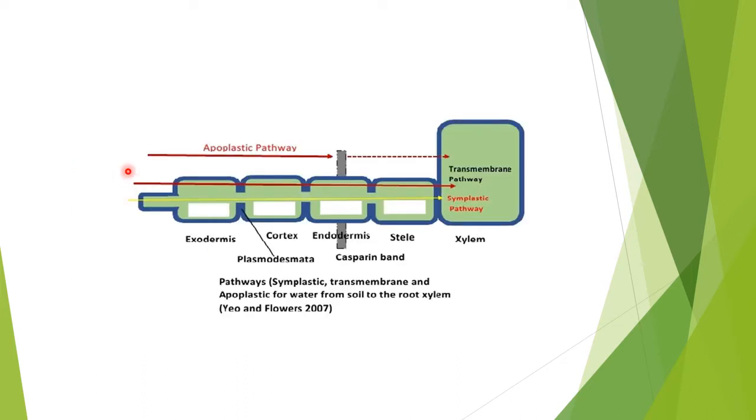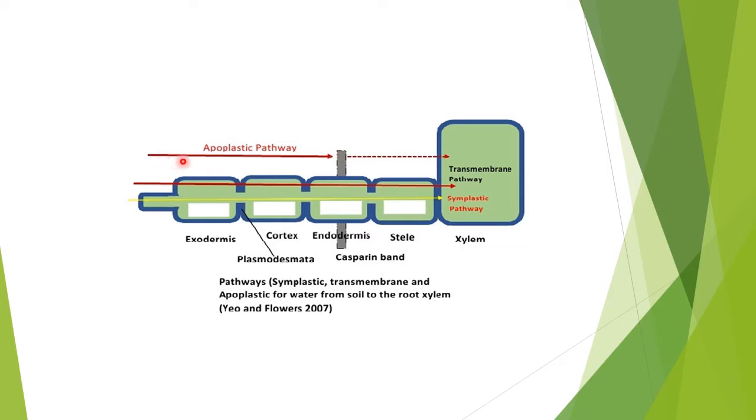So you can see the simplified diagram. This is the root hair. This is the exodermis cell, and the cortex cell, endodermis cell, and this is the stele. It will have the xylem cells here. There will be Casparian strips here.